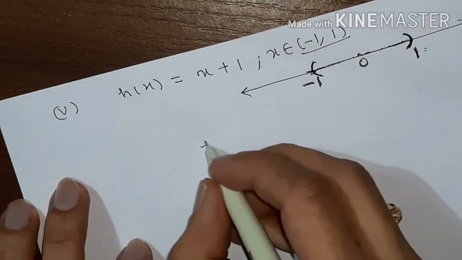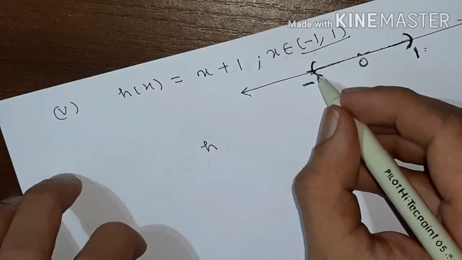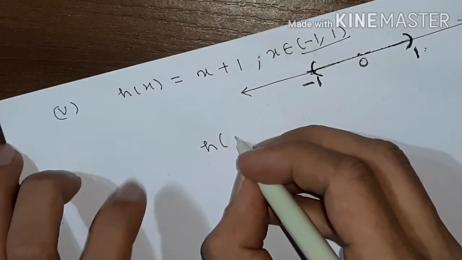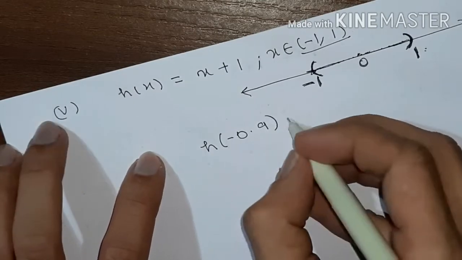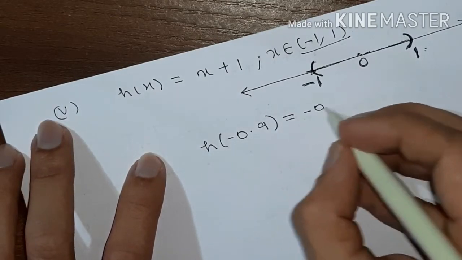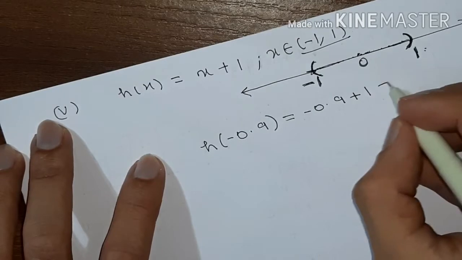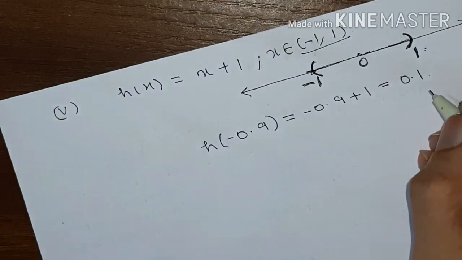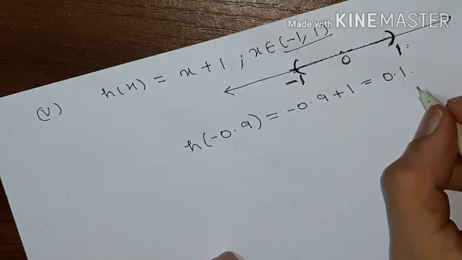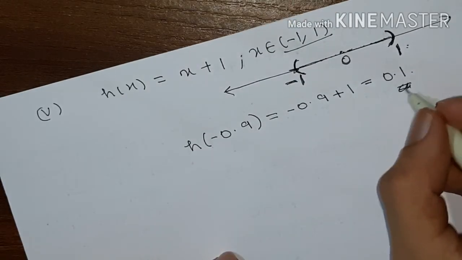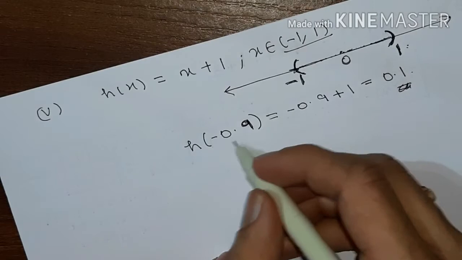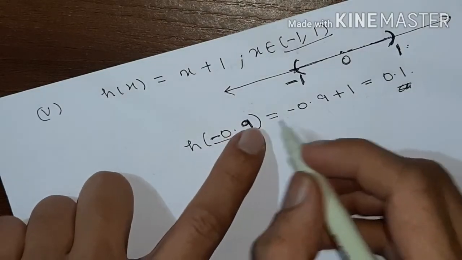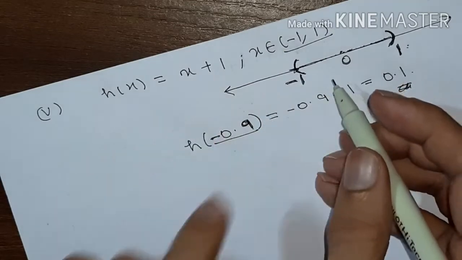Say for example, if you take a quantity which is very close to -1, say -0.9, then -0.9 plus 1 is equal to 0.1. And so is this the minimum value? No, there are many more values which are less than -0.9 and greater than -1.